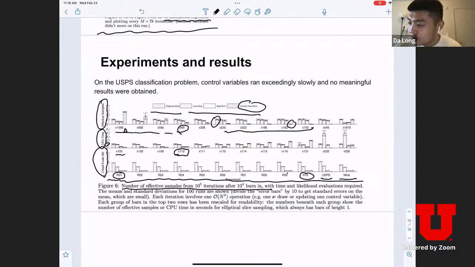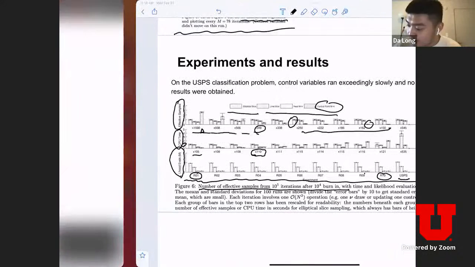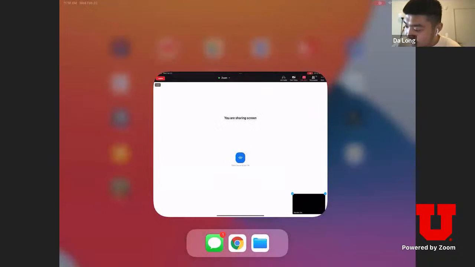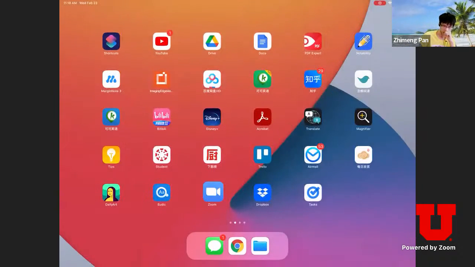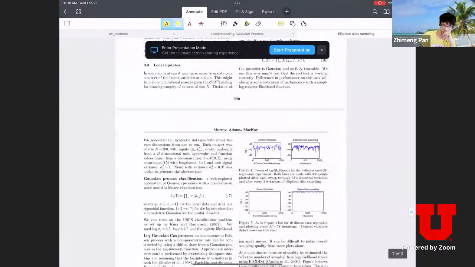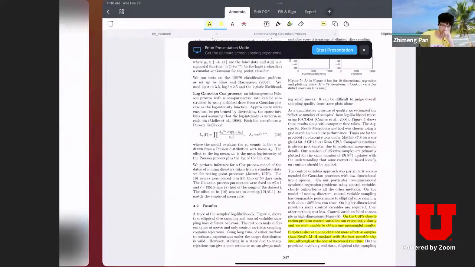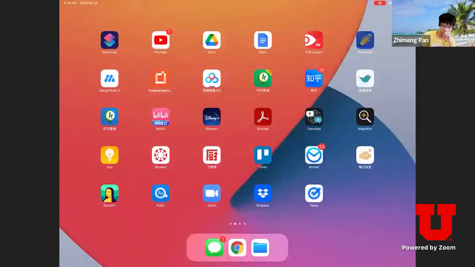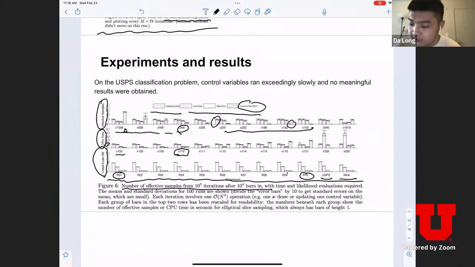Oh, I think they had a description about the definition of the effective samples. Is it the effective sample? Let's see, is it effective sample or effective sample rate? I didn't remember we care about the number of effective samples, but the ratio. It's the number of the effective samples, I think.